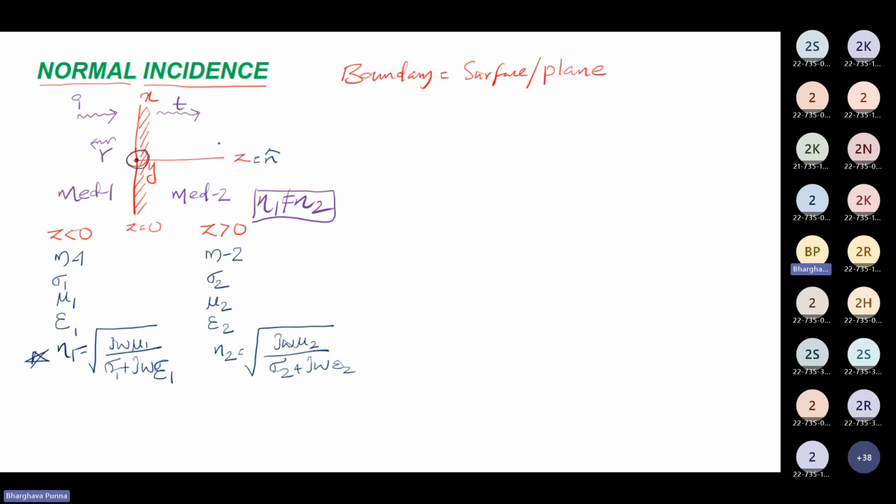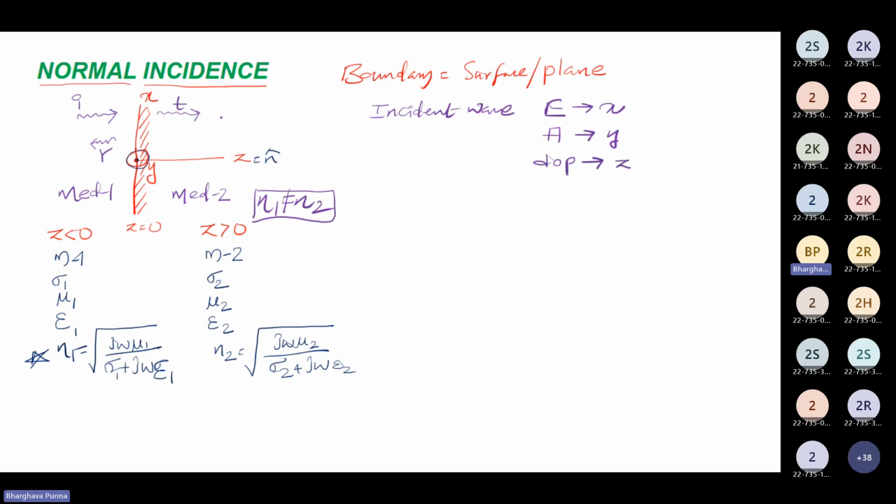Now we take certain assumptions here. We have to take the incident, transmitted, and reflected electromagnetic waves carefully. For the incident wave, the electric field is oriented in the X direction, the magnetic field is oriented in the Y direction, and the direction of propagation is along the Z direction.